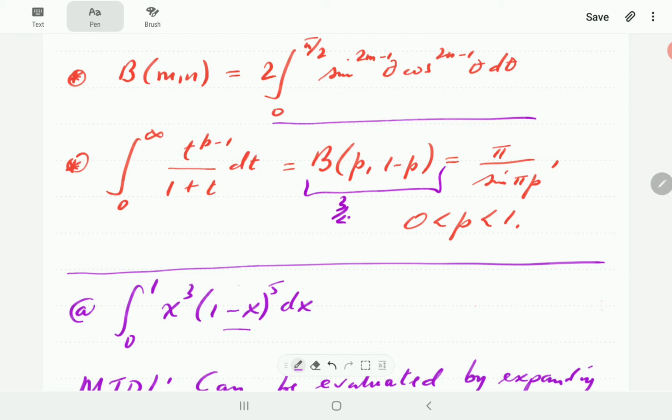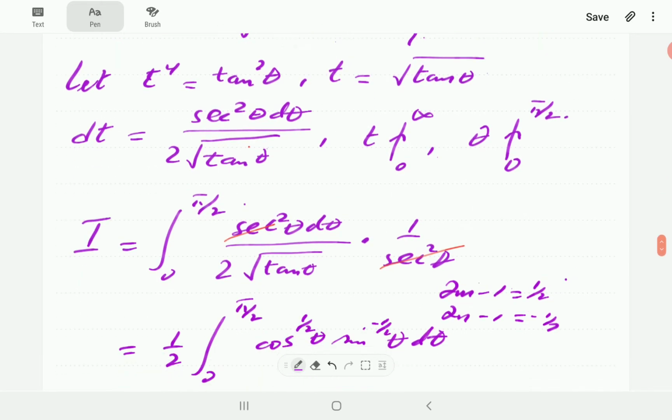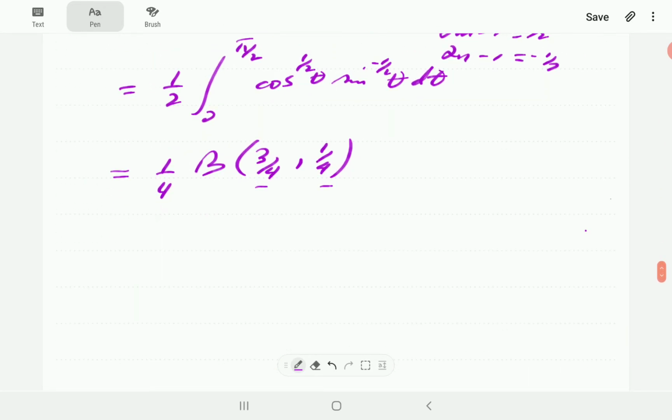This is 3 over 4, then that's 1 over 4, which is 1 minus p. So p is 3 over 4, but the result works out exactly the same as if p is 1 over 4. So this is going to be pi over sine 3 pi over 4.